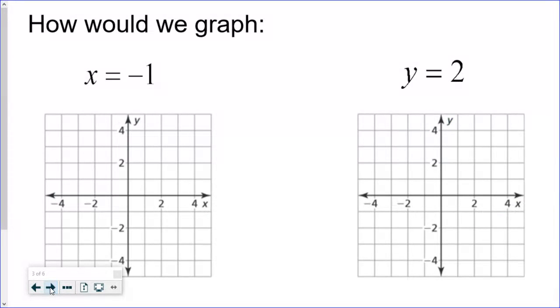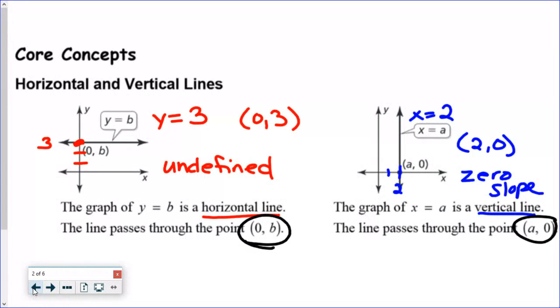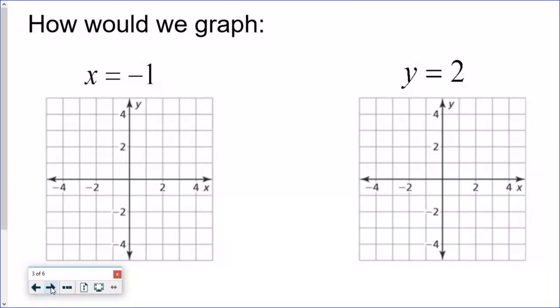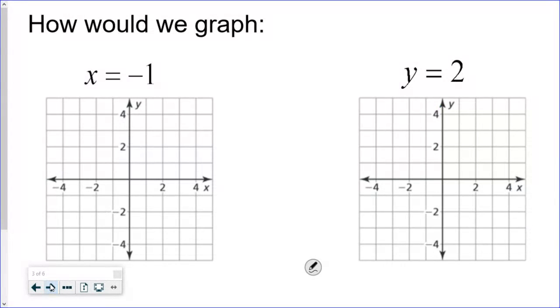Okay, so quickly, an x equals, now if I look back here, what does that look like? It's an up and down line. So it looks like this one. Okay, so where is x negative 1? x is negative 1 right here.